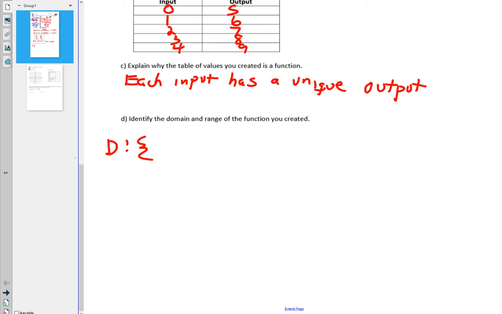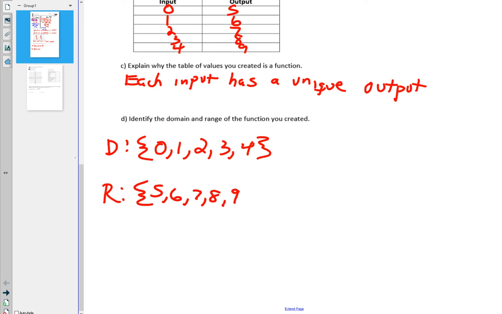These are just 5 points, but what are the points on the domain? 0, 1, 2, 3, and 4. What's el rango? 5, 6, 7, 8, and 9.